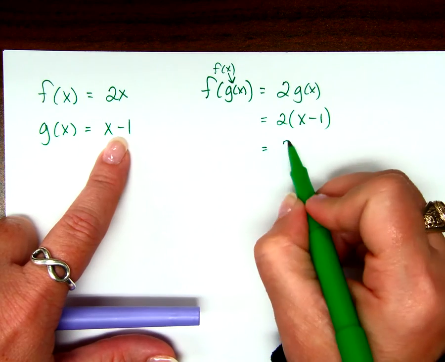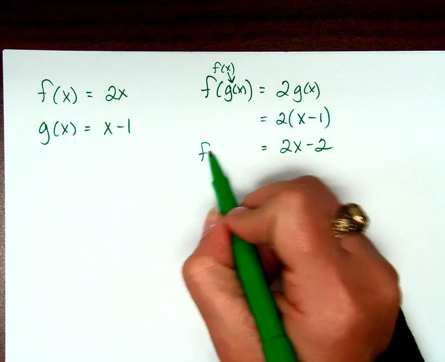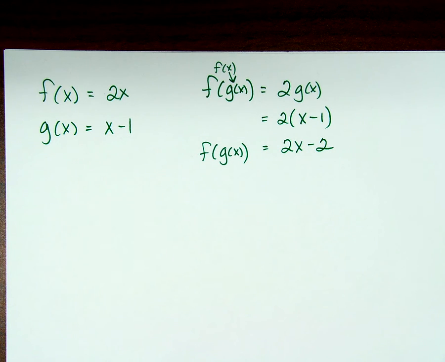So I get 2x minus 2. So f of g of x is 2x minus 2. I've combined them in a way. Well, it's a composite function. It's not a combination of functions. It's a composite function.